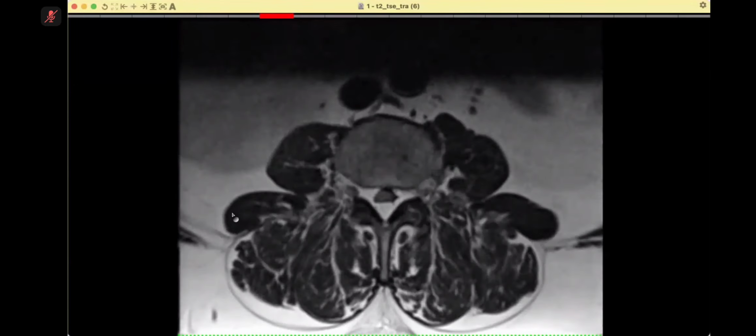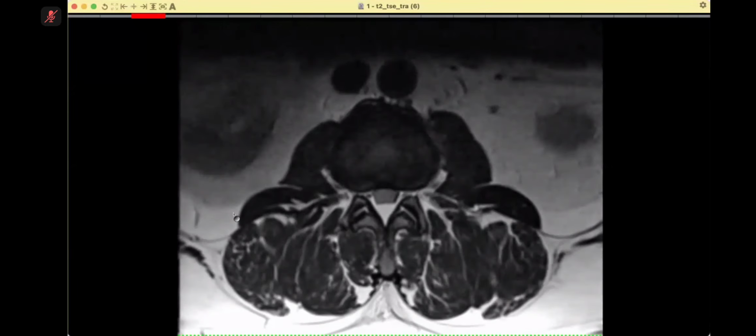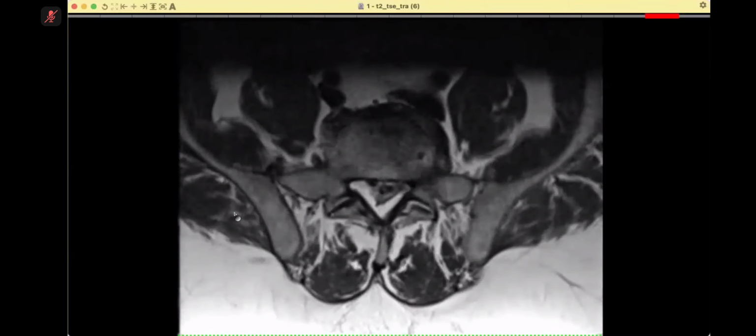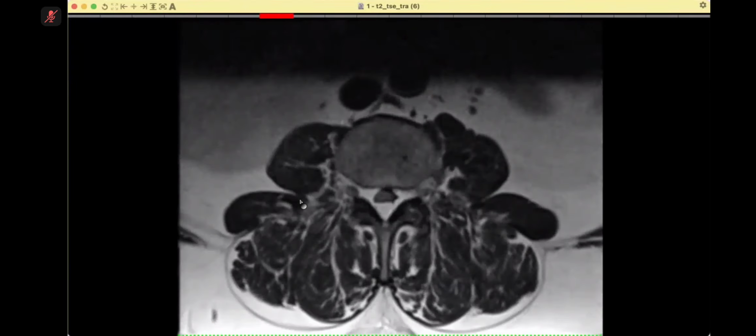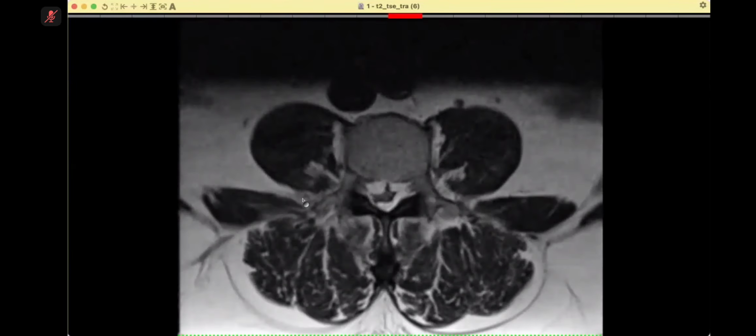Now going back to T2. We are at the level of S1. L5-S1. So this is the sacrum now in your view, and as we come up, you can see the thecal sac. So conclusion. What is the conclusion?